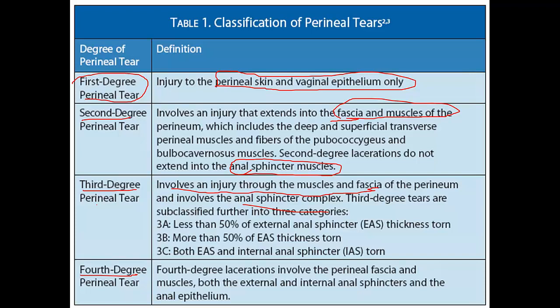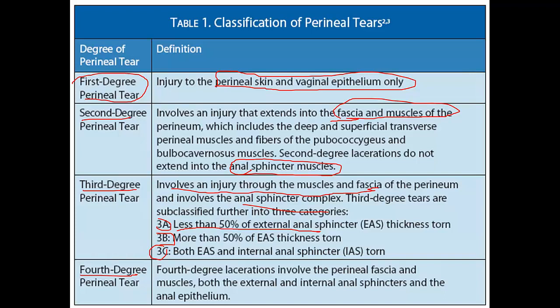And we have subgroups for third degree perineal tear: 3A, 3B, and 3C. In case of 3A, less than 50% of external anal sphincter thickness is torn.